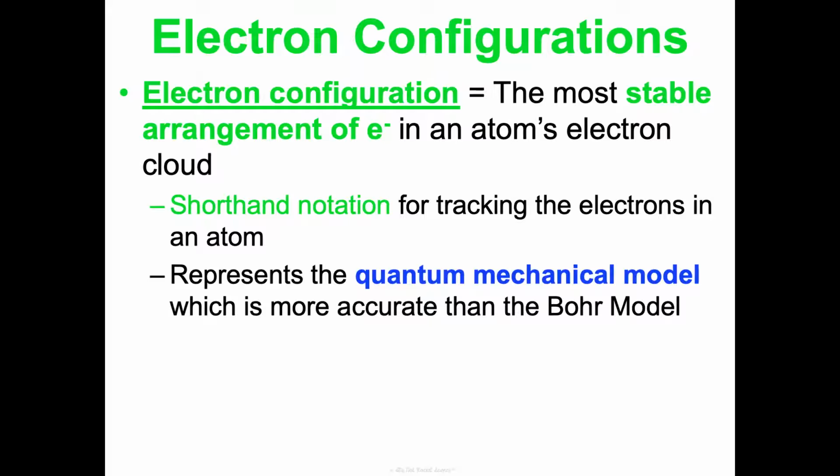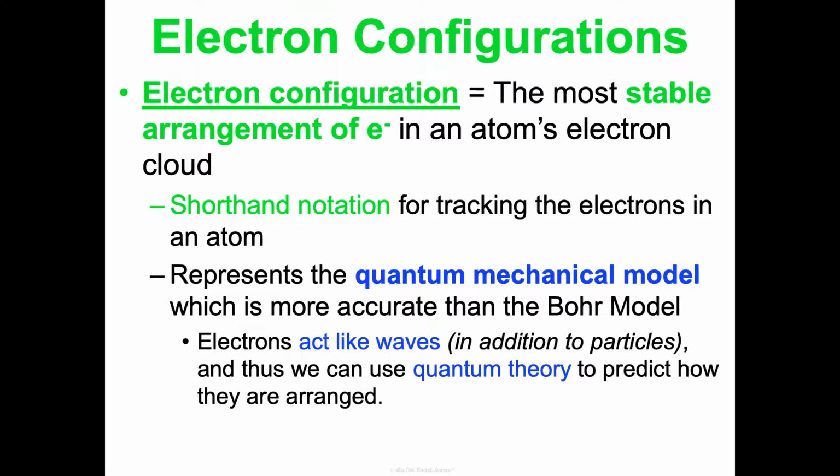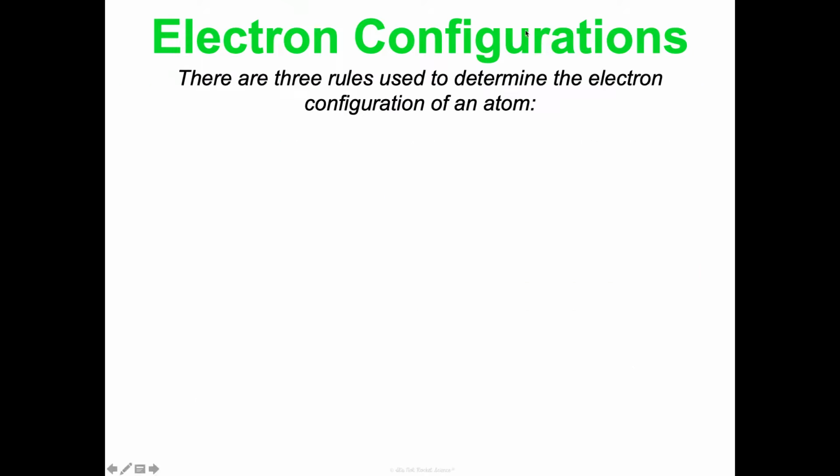And this configuration is just going to be a much more accurate representation of where the electrons are. So we're building on what we've already learned. Remember, electrons act like waves in addition to particles, and thus we can use the quantum theory to predict how they are arranged. Now, to figure out electron configurations, there are 3 rules that will determine them.